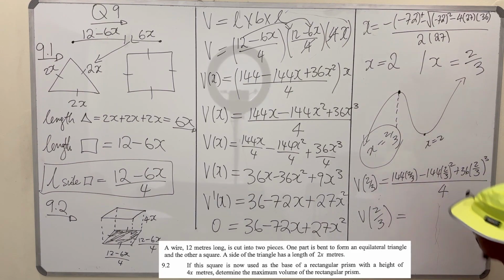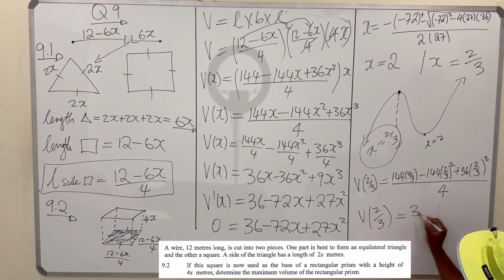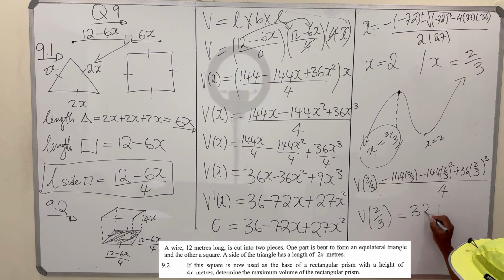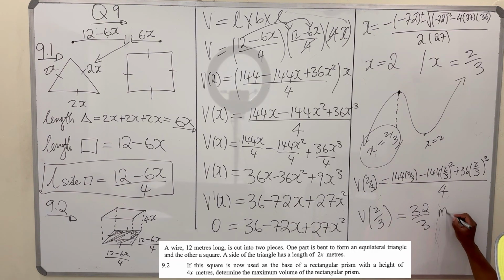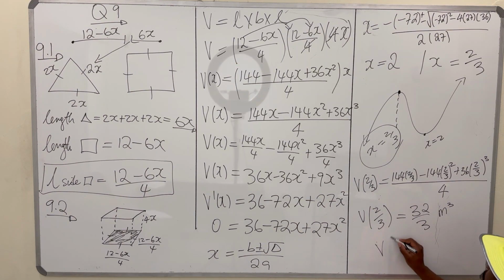So we get that our volume at 2 over 3 is 32 over 3, or 10.67 cubic meters.